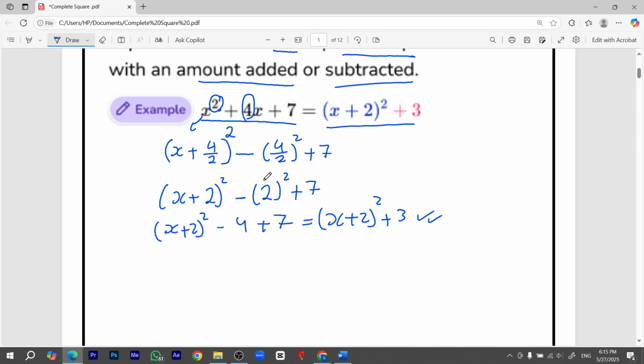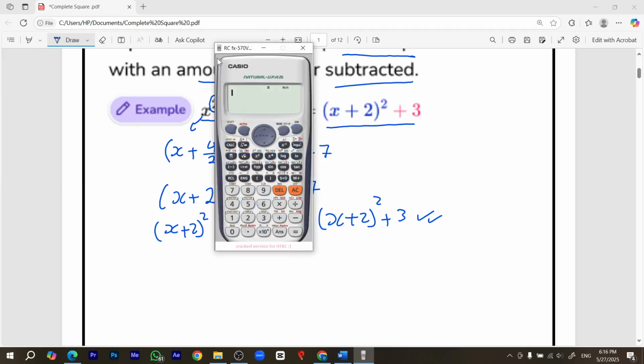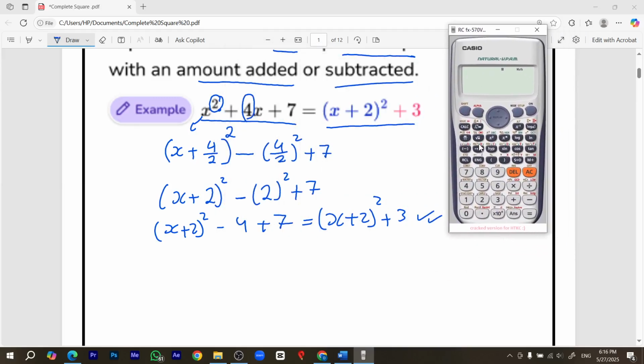I need to clarify why we can't use the quadratic formula. If we apply it in the calculator, we enter the equation mode with x squared plus 4x plus 7.